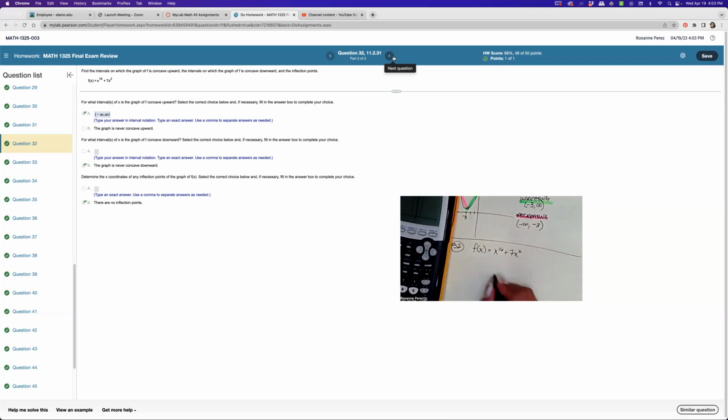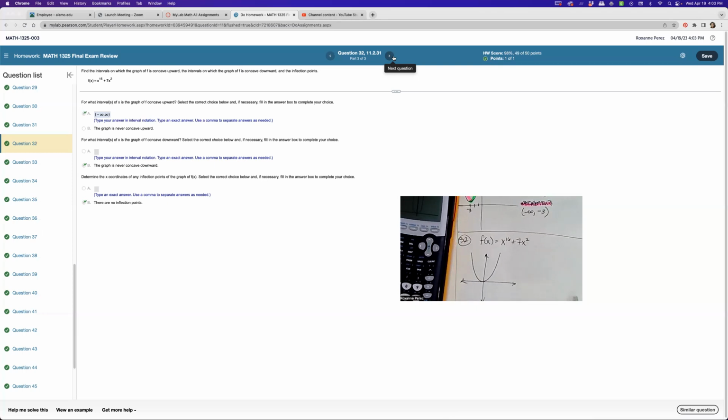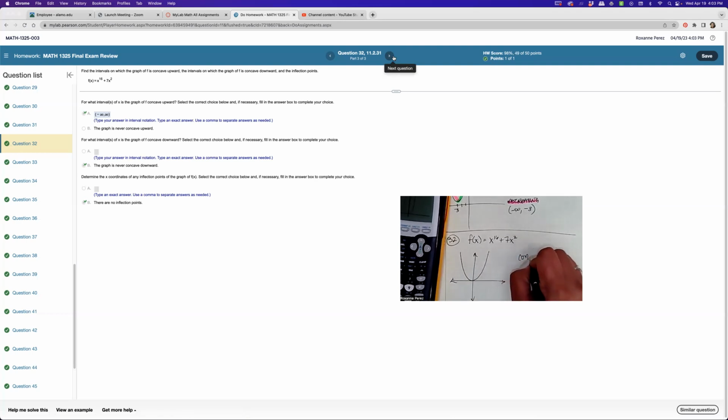And so we're going to sketch this really quickly. All right, so for what intervals of x is the graph concave upward? So it's concave upward from -infinity to infinity. There are no inflection points here, okay?